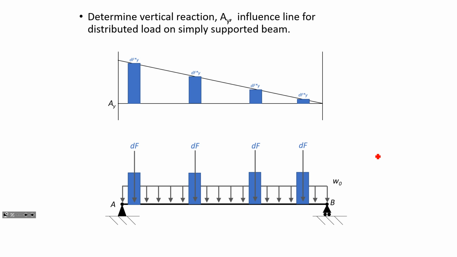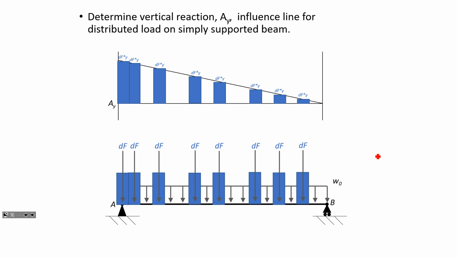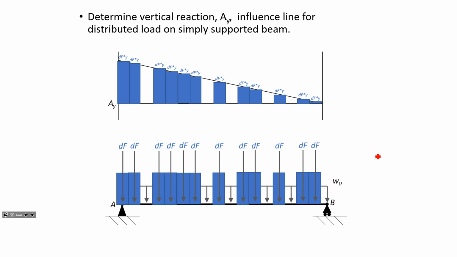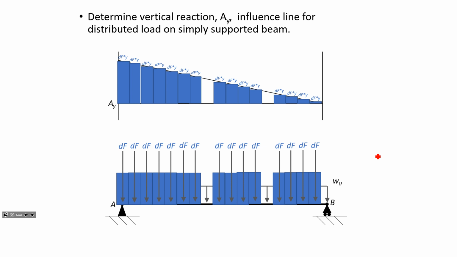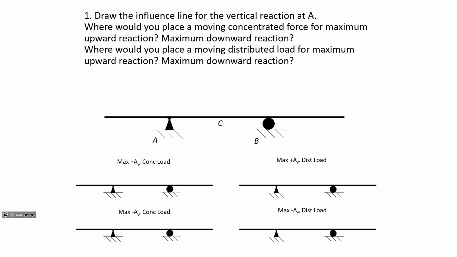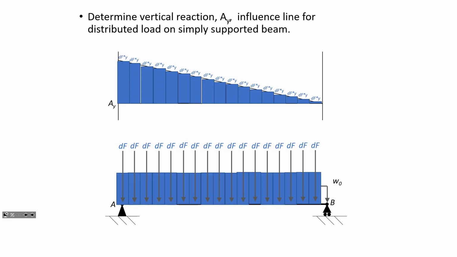So now I'm gonna add some more little concentrated loads, right? And I'm gonna add up their influence on my vertical reaction. What does that look like?